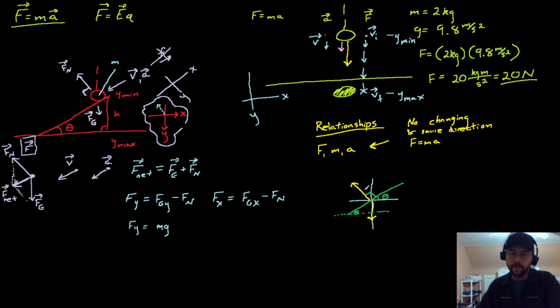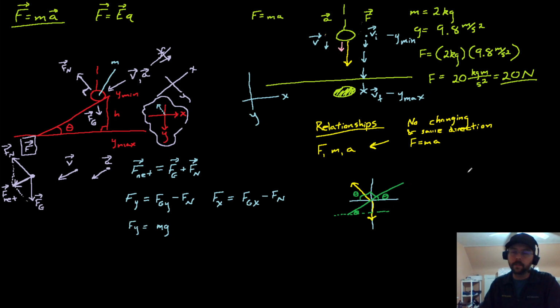So this angle, what's the other angle? This angle here then is theta. Because this is theta, theta plus 90, so then this must be theta, or how to say this?